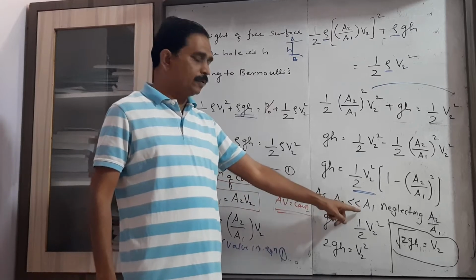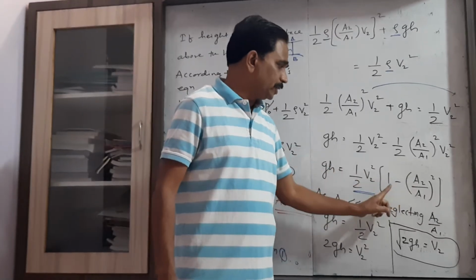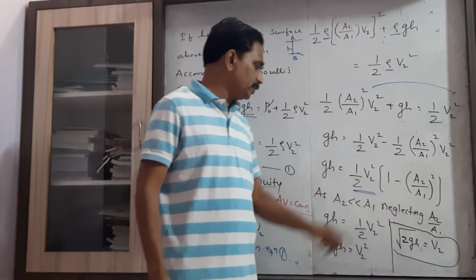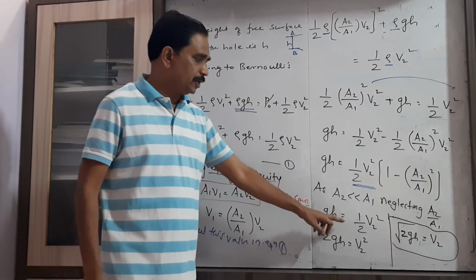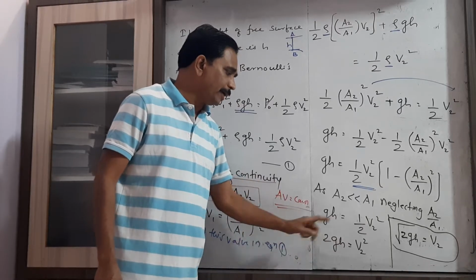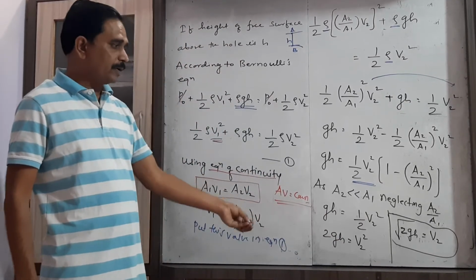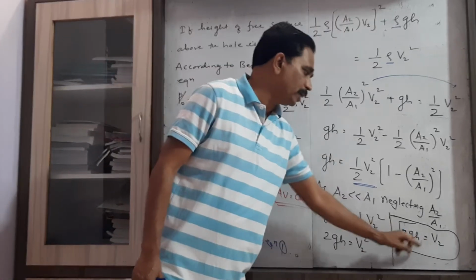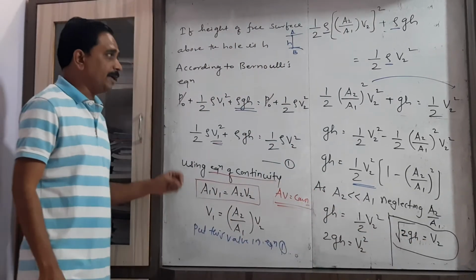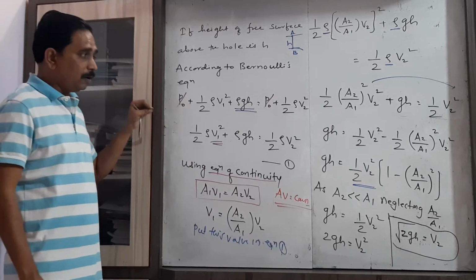A2 is very small compared to A1, so neglecting this term, just consider 1. So GH equals half V2 square, multiplying by 2, twice GH equals V2 square. Taking the square root on both sides, V2 equals the square root of twice GH. So this is the equation we obtained.